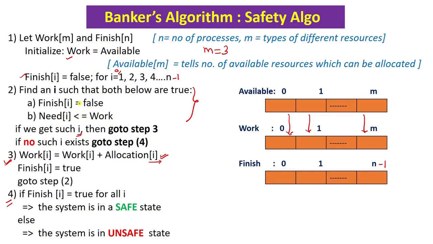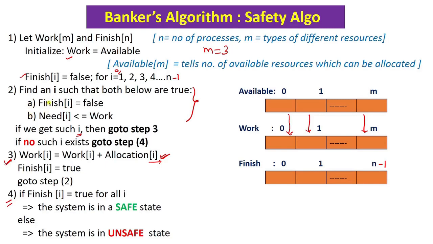If we find it, again we go to the third step, fulfill the request, mark that array index as true, and go on to the next process to check whether it fulfills conditions A and B.